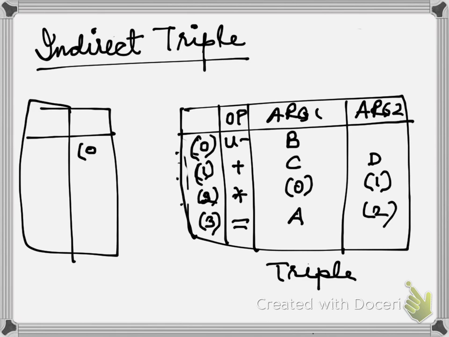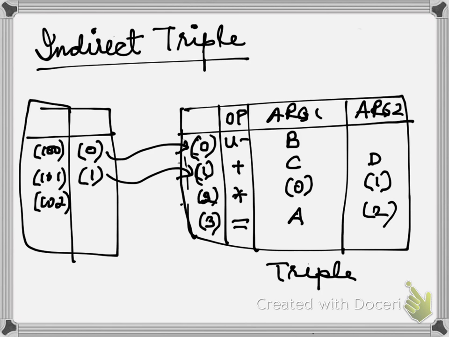So if this pointer to first, say, let me start the count from 100. So this is 100, this is 101. So this is pointing to this triple, this is pointing to this triple. So 102 would be 2 here, 103 here would be 3 here.